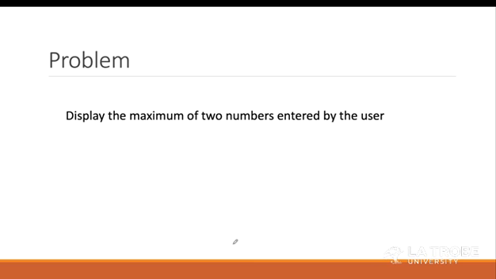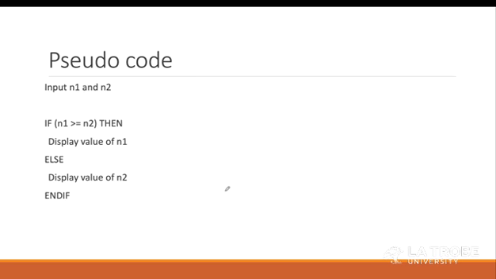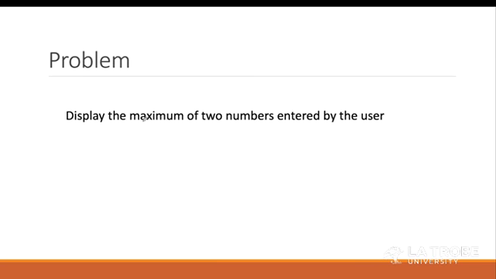Now the same problem, we are going to consider it again: display the maximum of two numbers entered by the user. Firstly, we saw it using two if conditions. Now we'll see it using if-else. Here the user will input n1 and n2, and then you need to find out the maximum of those.